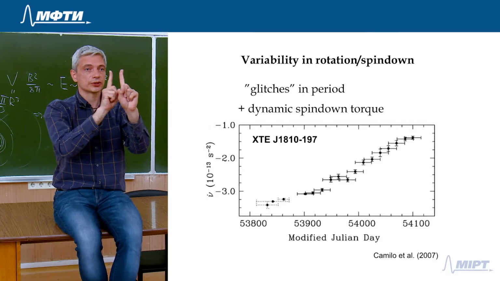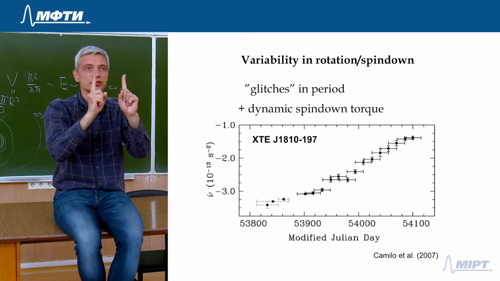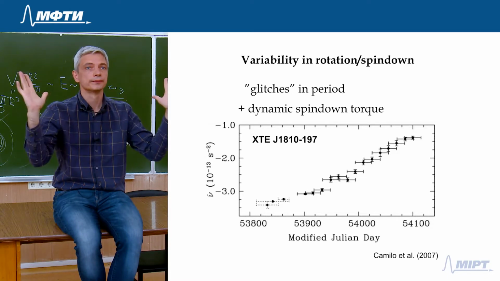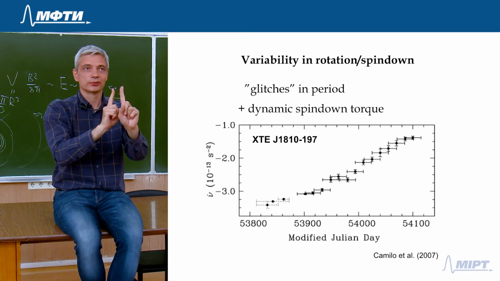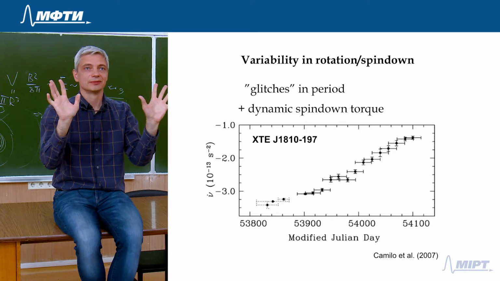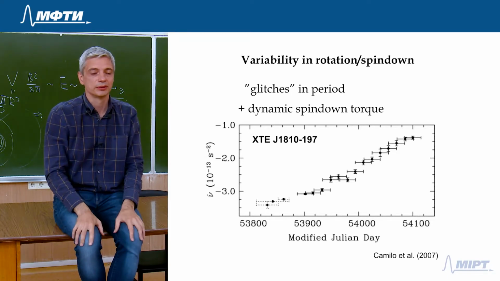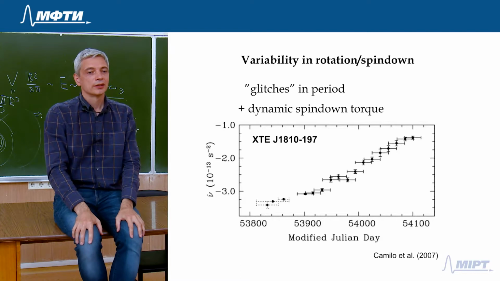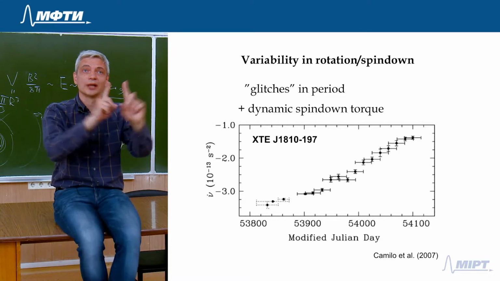So if these vortices are stuck to the crust, the neutron superfluid cannot possibly change its angular momentum at all. So even though the crust spins down, the neutron fluid does not spin down, as long as the vortices remain pinned. There is, however, a force that tries to unpin them.